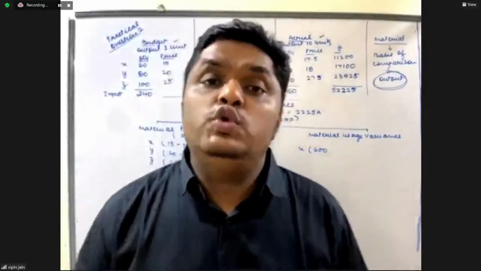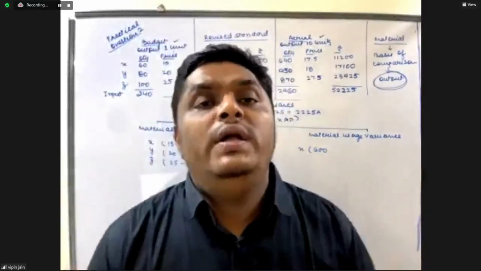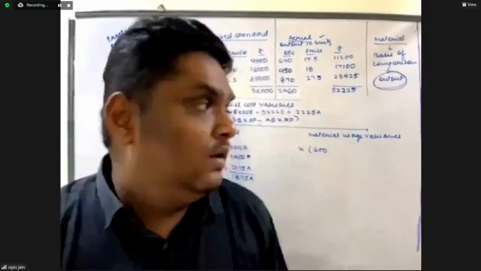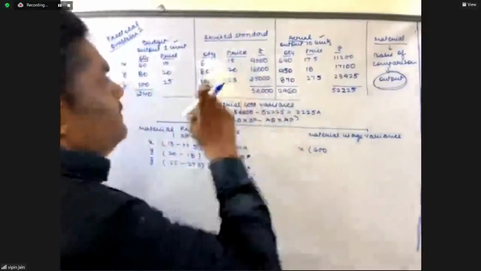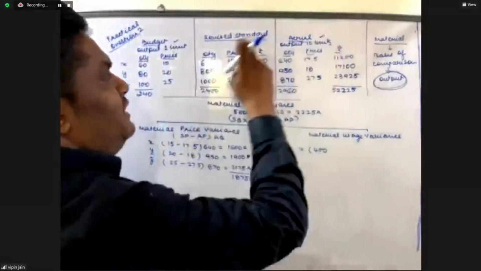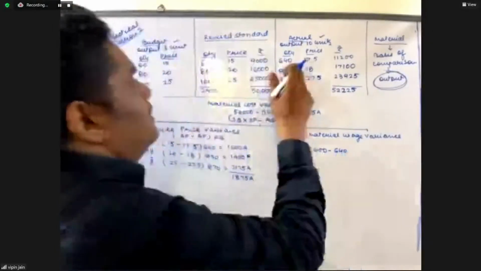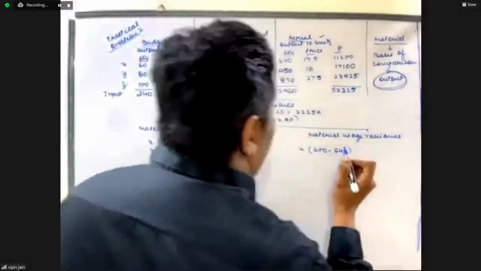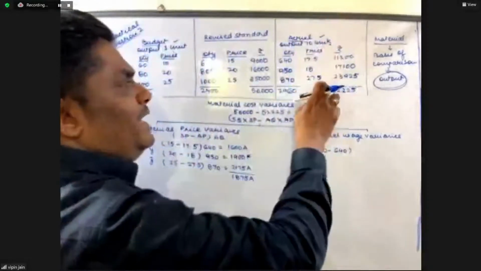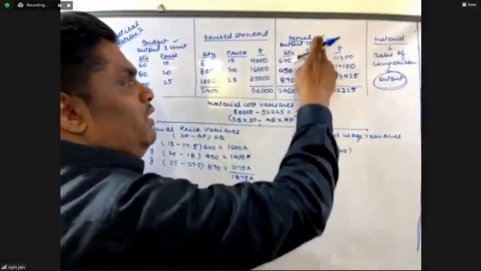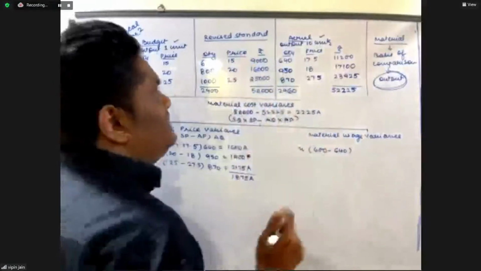How much quantity should have been used, how much quantity was actually used. So how much quantity we were supposed to use to manufacture 10 units? 600. How much quantity we actually used? 640 into, again, this represents the work done by the production side, so we will not be taking actual price, but we'll be taking standard price.